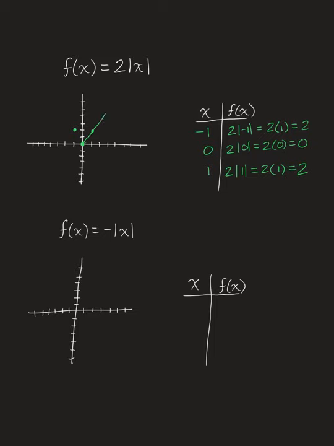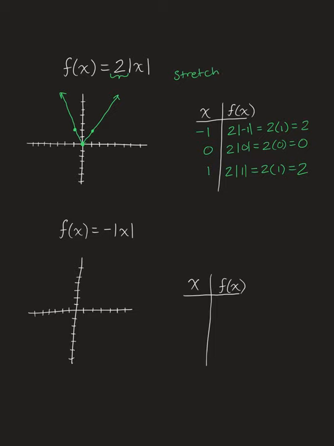So if you compare this graph to the parent function, you'll notice that it's a little skinnier, okay? And that's because of this 2 here, okay? We call this a stretch, okay?